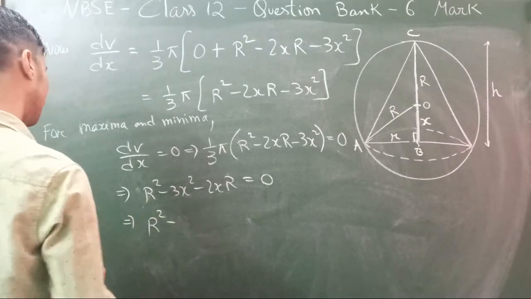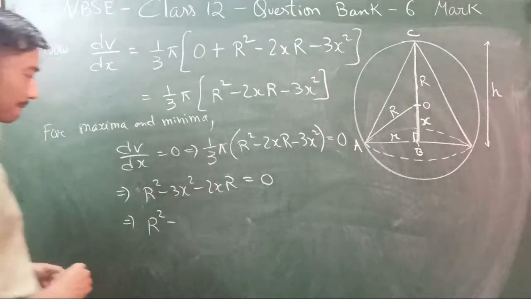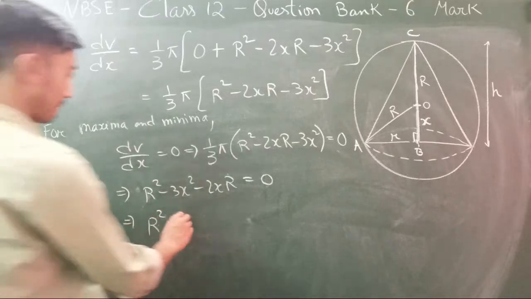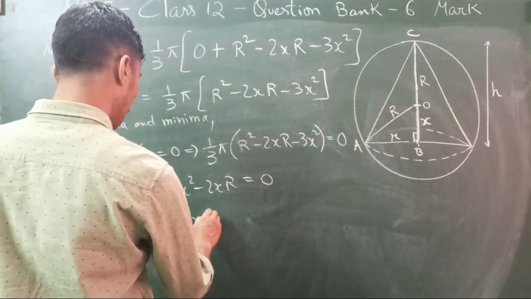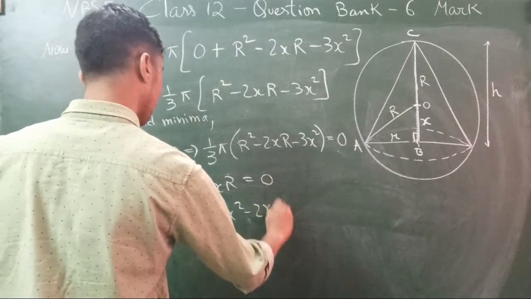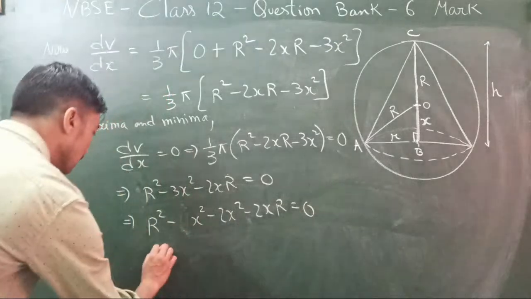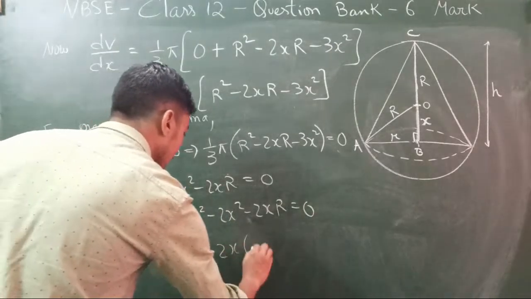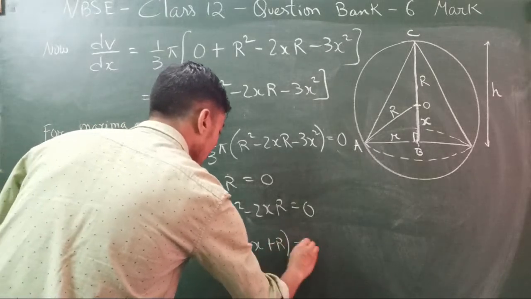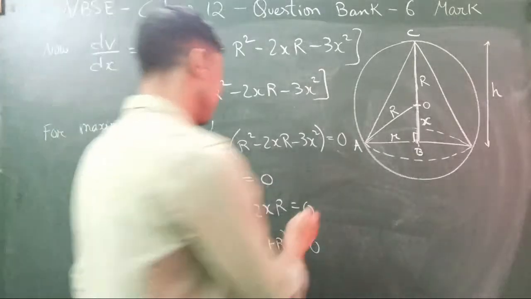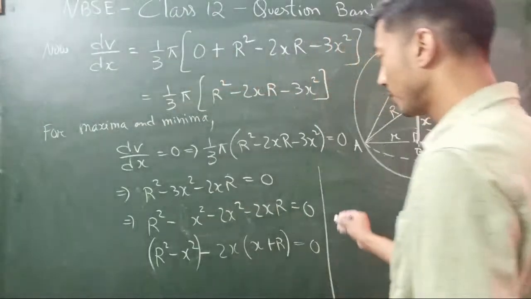R square minus x square minus 2x square minus 2xr equal to 0. R square minus x square minus 2x, that will be x plus r, equal to 0. Nothing much, just some arrangements and simplifications, trying to get some points here.